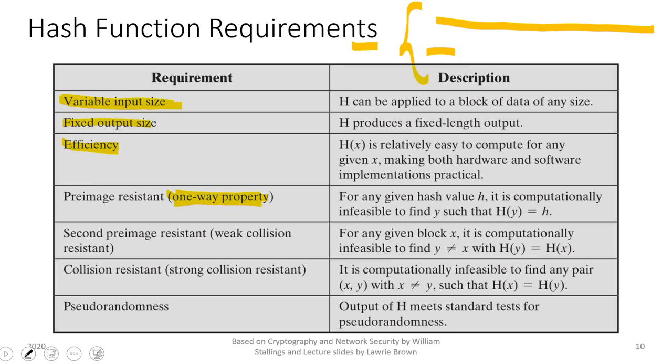Another requirement that we would have is what is called weak collision resistance. That is, it is infeasible to find the same hashes for different messages. If we have two different messages x and y, and they are not equal, they should not produce the same hash output.